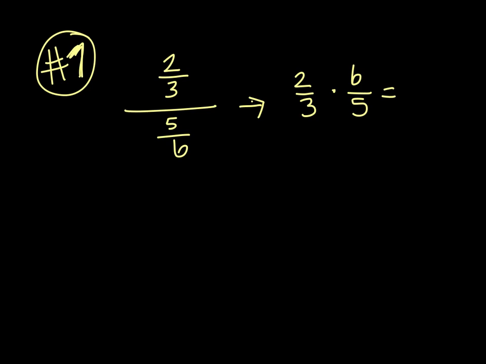So this just equals 12 over 15, which reduces to 4/5. So when there's just a fraction over a fraction, you can divide by that fraction and essentially multiply by the reciprocal.